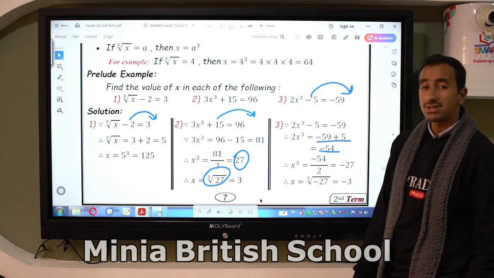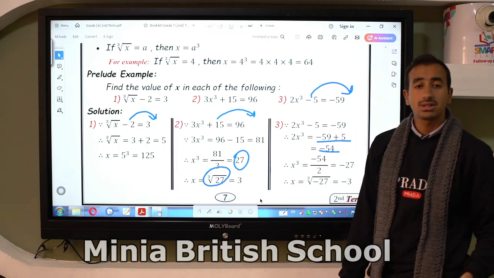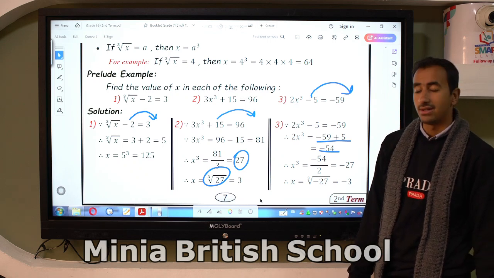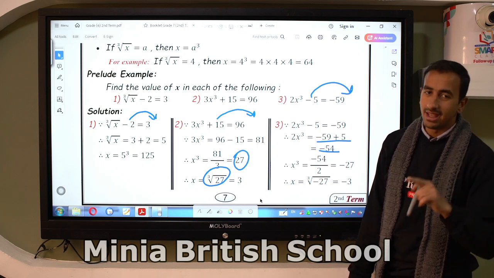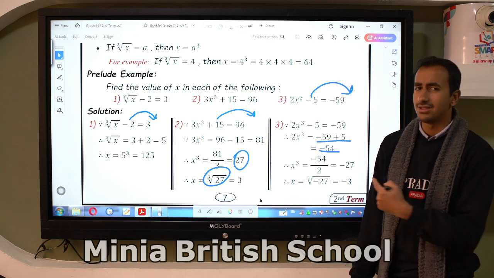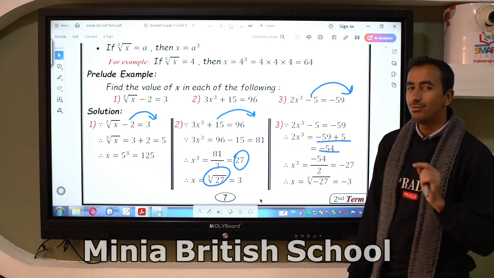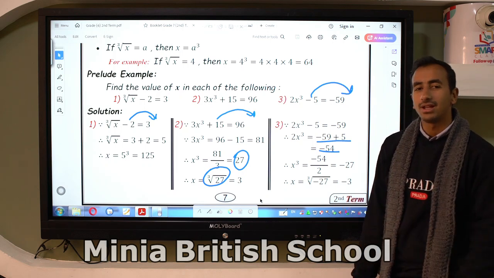So x power 3 equals negative 54 divided by 2, which is negative 27. x power 3 equals negative 27. So x equals the cube root of negative 27, and the answer is negative 3. It's a cube root, not a square root. Pay attention. The cube root of negative 27 equals negative 3.